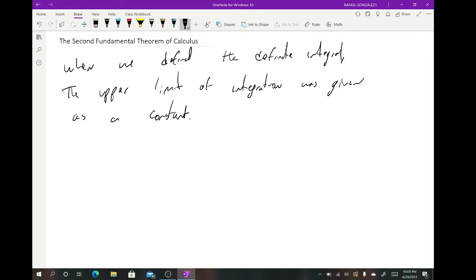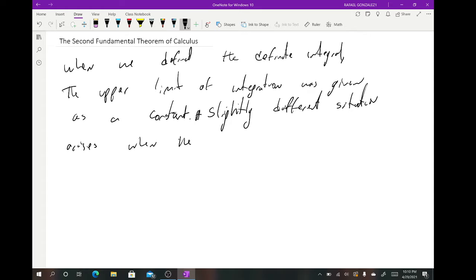Now, a problem that arises sometimes in calculus is when the upper limit of integration is given as a function of x. So a slightly different situation arises when the upper limit is given as a function of x.